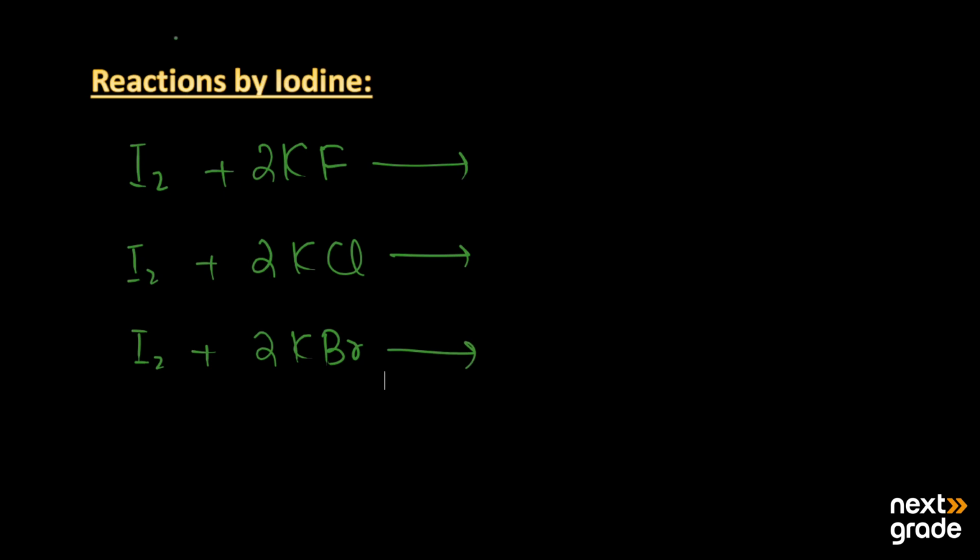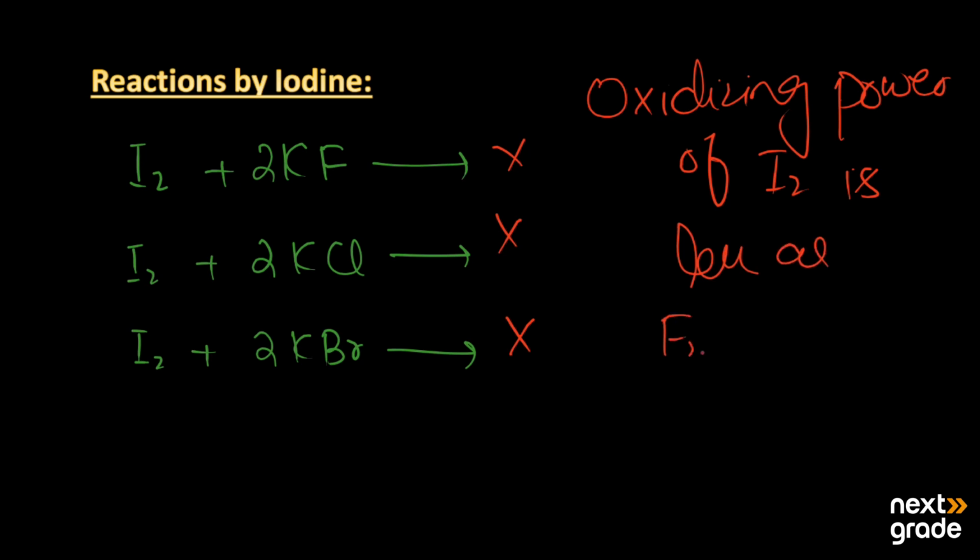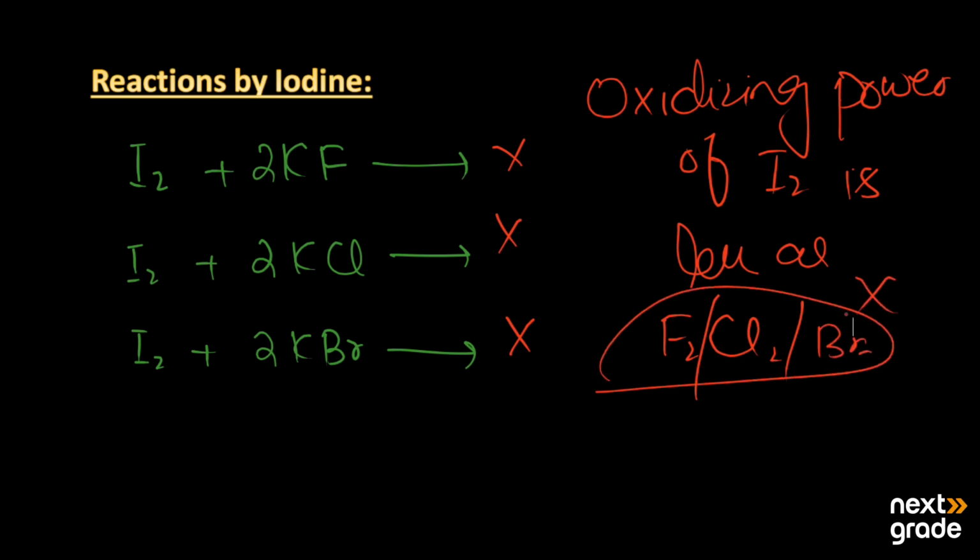Now, what would happen? All these three reactions could not take place. What is the reason? Because the oxidizing power of iodine is less than that of fluorine, chlorine, and bromine. So, these reactions would not take place.